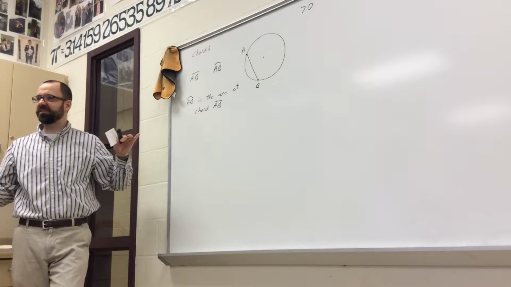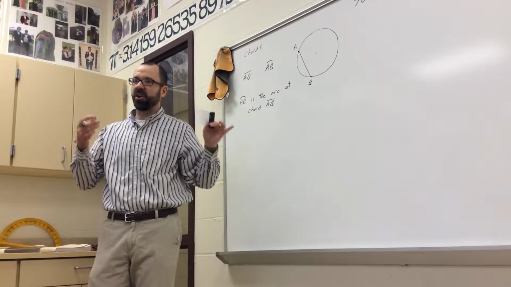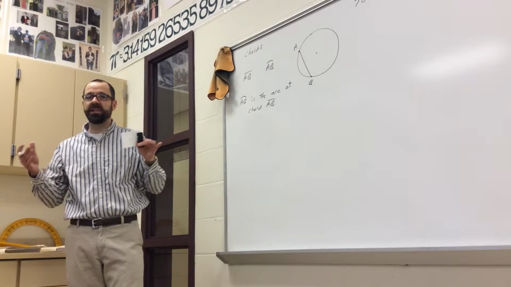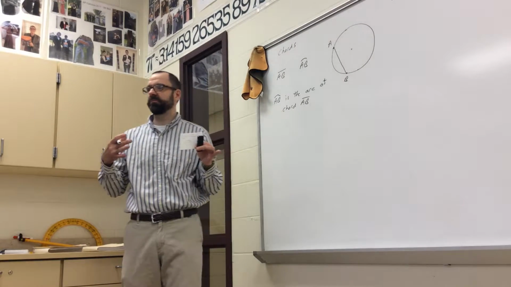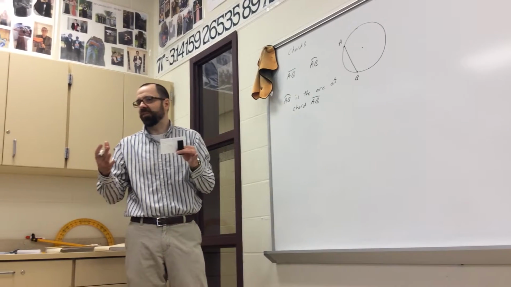So all I'm saying is there's the straight line path from A to B, there's the arc, the curved path from A to B, and they kind of go together, so it's called the arc of the chord. It's just terminology that says, hey, they go together.